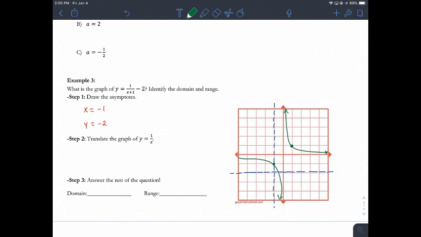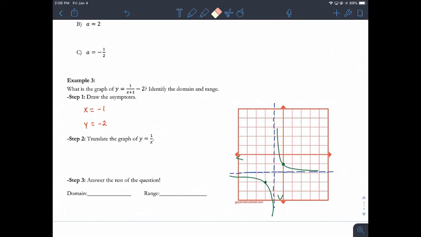Now obviously this isn't where this graph is, because this graph needs to be shifted, and we need to translate this graph to the new location. So that just means that we shift this guy down here to the left 1 and down 2 units, and we get the same graph, it's just shifted, which is what we call a translation.